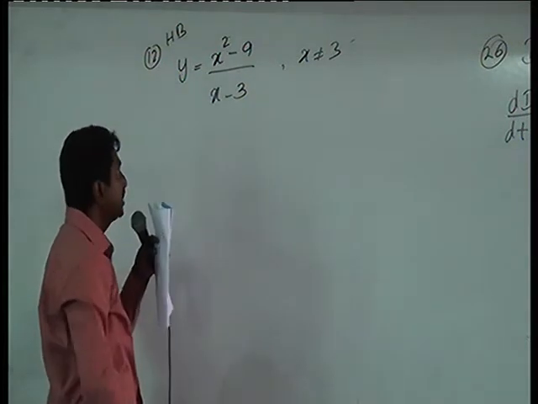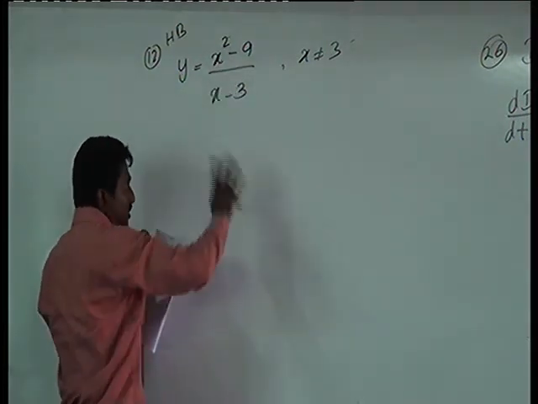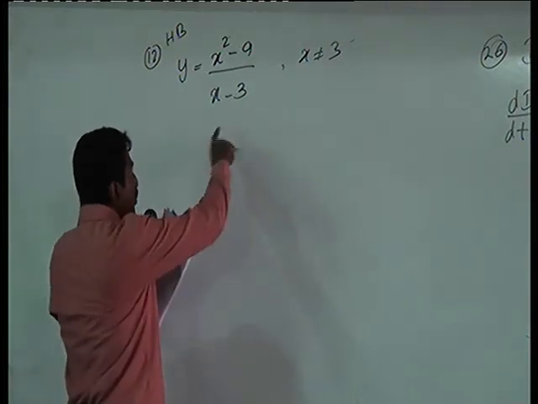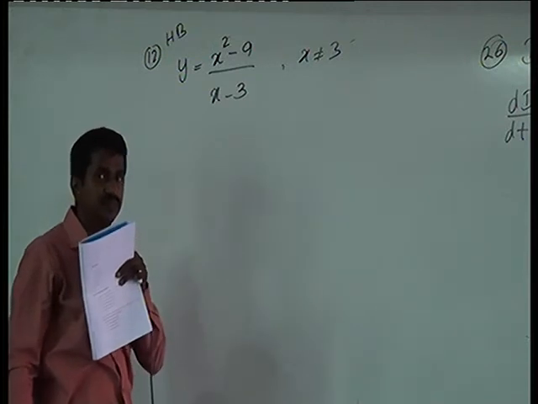What if x equals 3? 3 squared minus 9 is 0, divided by 0 is not valid. Therefore, x does not equal 3. So, how do we differentiate this one?